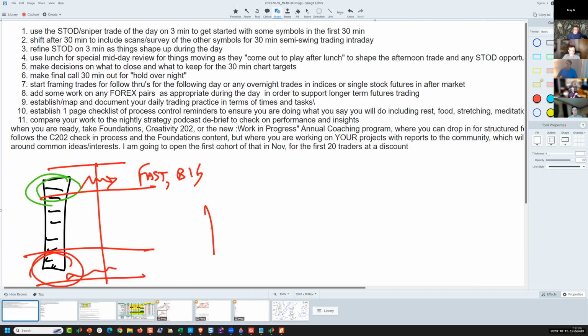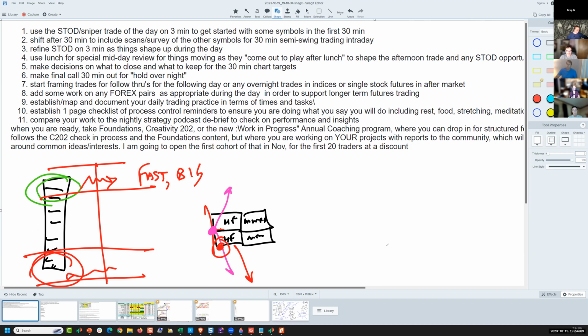So from the open, if I put a hybrid frog box or an MMRB bracket on each one of those, every single one of those 30 things, the first one that moves out to the downside is the first thing that I'm going to short.